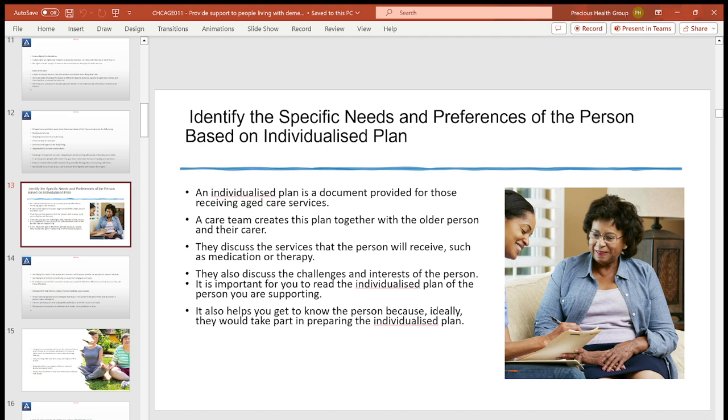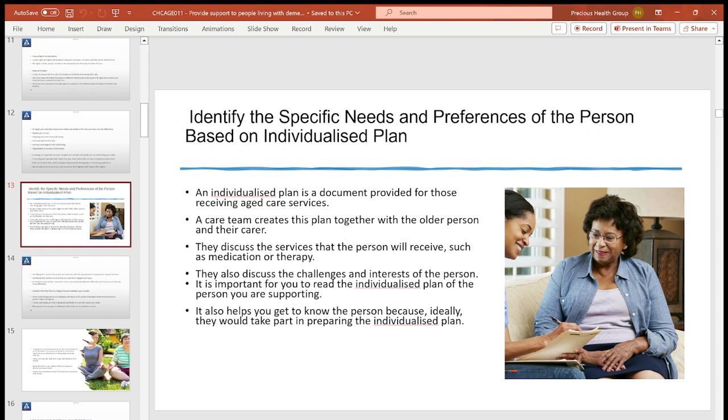Engage them. An individualized plan is a document that provides for those receiving aged care services. A care team creates this plan together with the older person and their carers. They discuss the services that the person will be receiving, such as medication and therapy, to support them in their daily living.